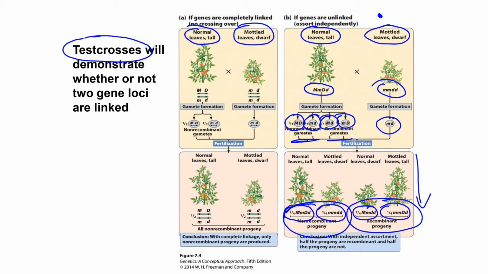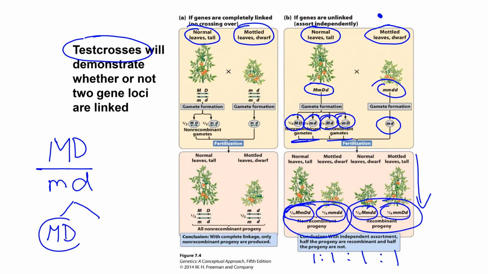Now, what if you test cross the plant where you consider these two genes as linked, as you consider complete linkage? You recall, if you have completely linked genes, they will assort only by co-segregation. There will be no crossing over. So in this case, the only gametes which you will form are gametes which contain only dominant or only recessive alleles.